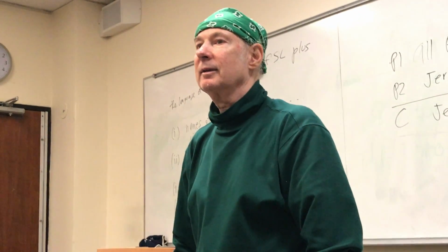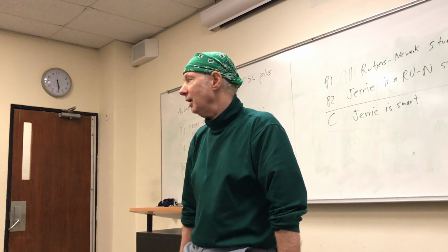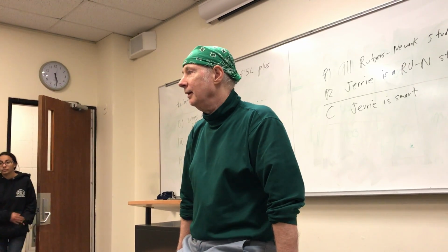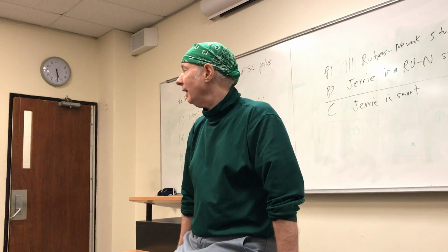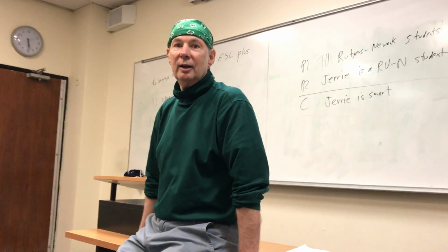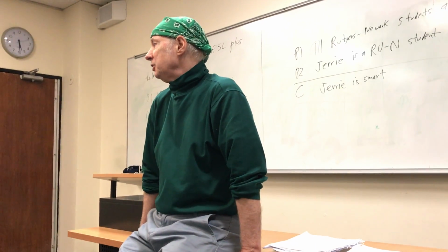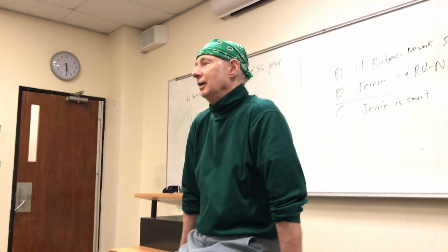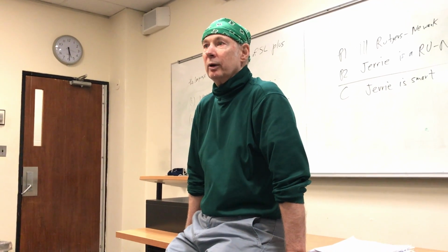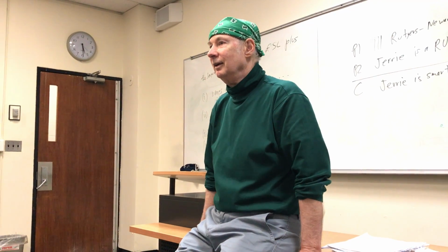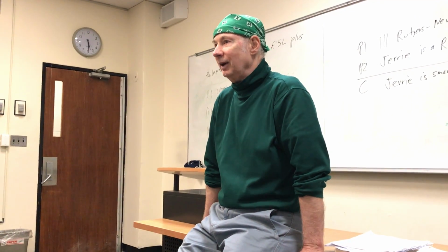Some logics bring in more quantities than that. But in this logic, we will only use all and some. And now you're thinking right now, this is going to be so easy, because who in this class has a problem with all and some? They're crystal clear. Does anyone go home at night and worry about what they mean? Oh, they're easy. So you're thinking this is going to be a breeze.